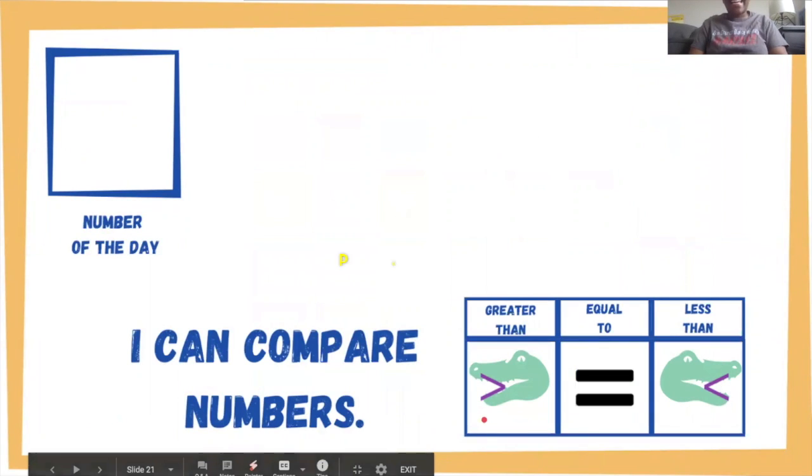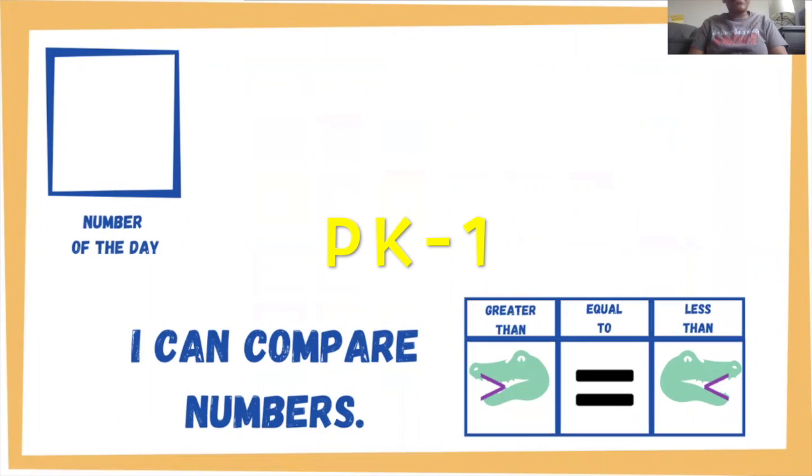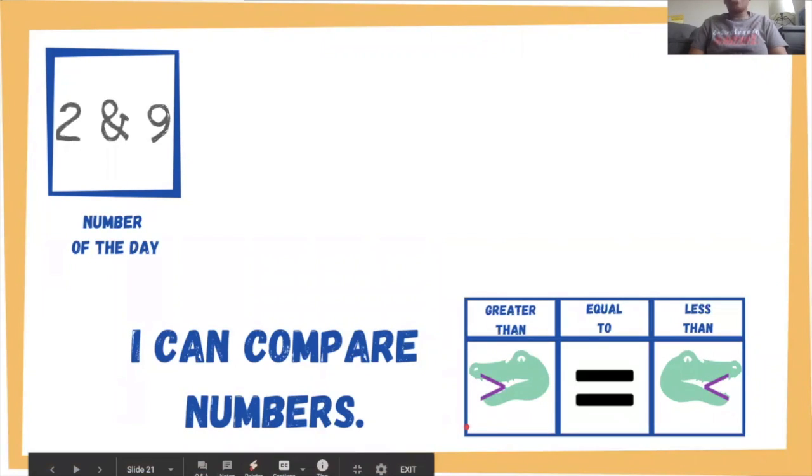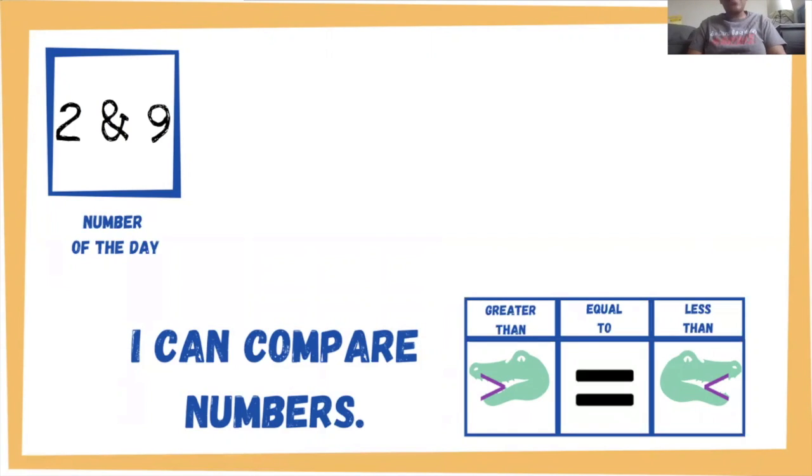All right, guys. Today, our littles are going to compare numbers. Let's try it together. Our numbers for today are 2 and 9, because our date was 29, and 2 and 9 are the digits in 29.